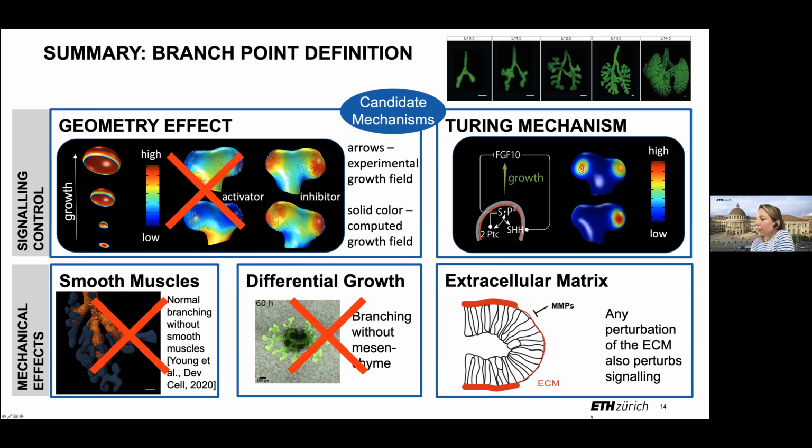So for instance, the extracellular matrix is thinner at the tips of the bud because FGF10 is upregulating metalloproteases that are turning over the extracellular matrix. So we have here mechanochemical coupling. And we will need more experiments in order to distinguish whether a signaling-based Turing mechanism or some kind of mechanical instability is at play.